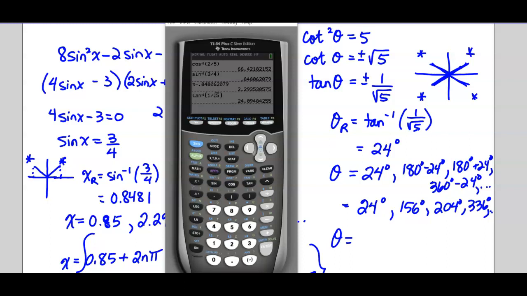And you can see there, you check this, plus 180 gives you 204. This plus 180 gives you 336. So 24 plus 180n and 156 plus 180n.